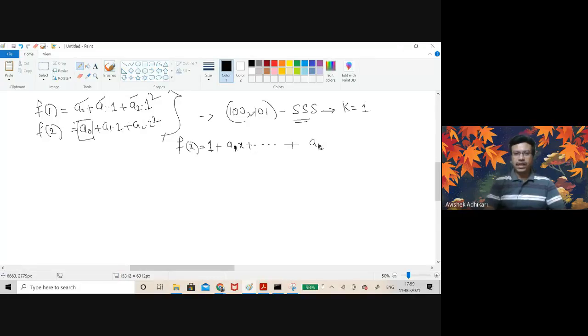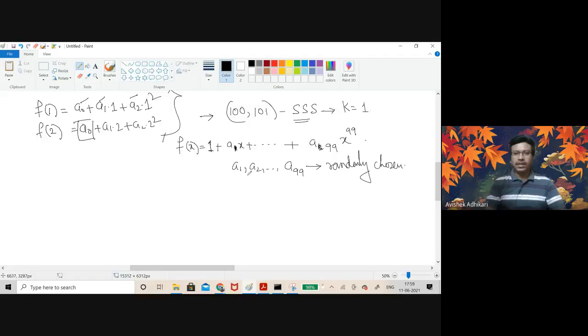Here k is 100, that means 99 x to the power 99, where A1, A2, up to A99 will be randomly chosen.